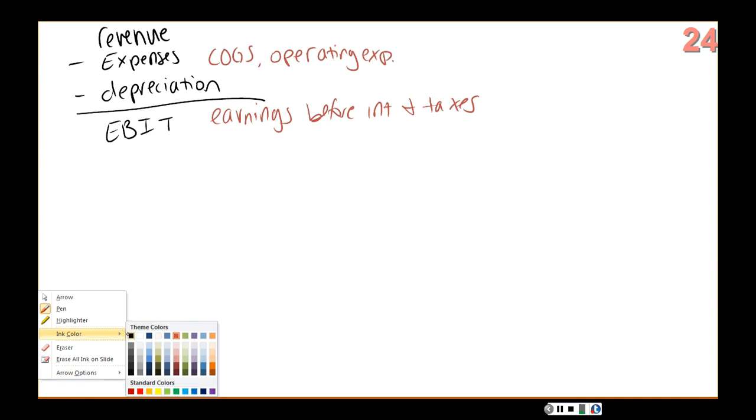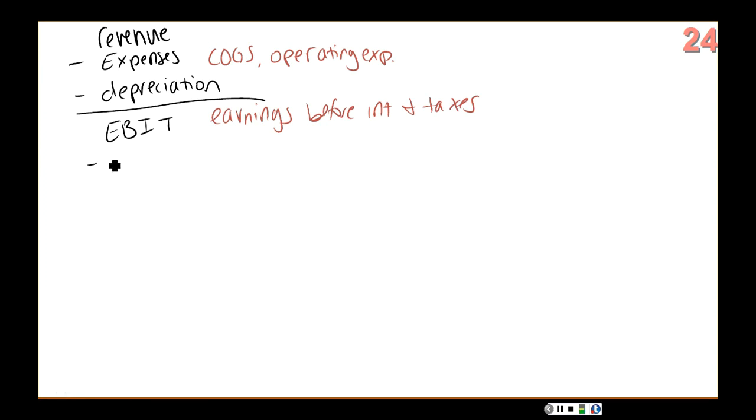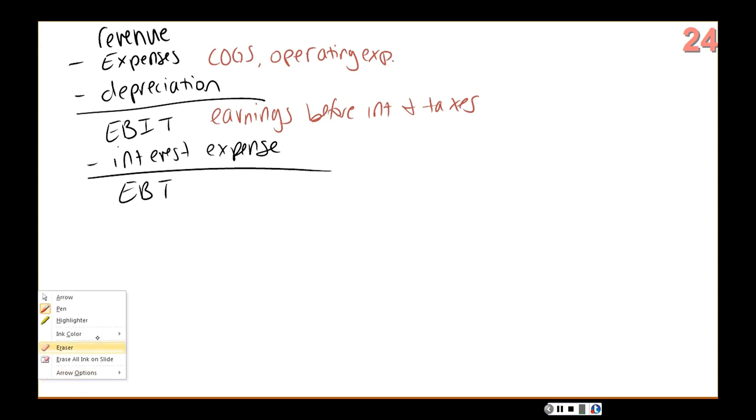From earnings before interest and taxes, you deduct any money that you pay on your debt, so the interest expense. And that leaves you with earnings before taxes.